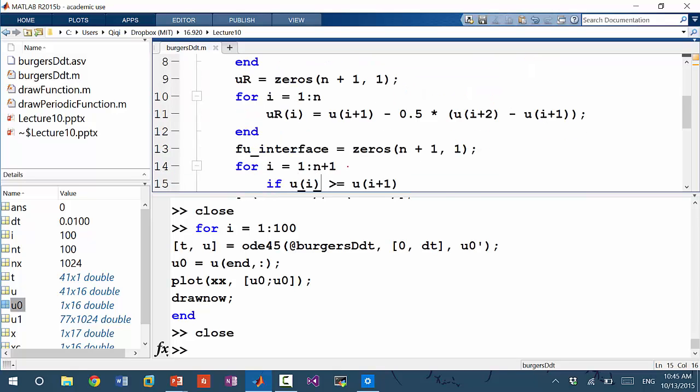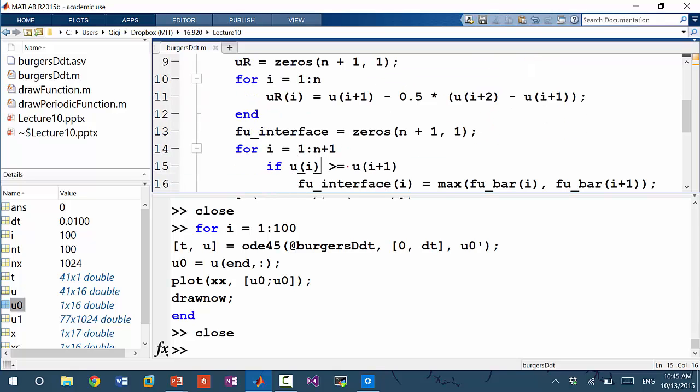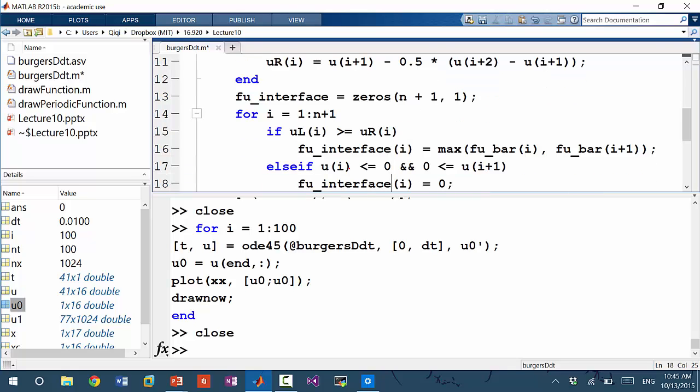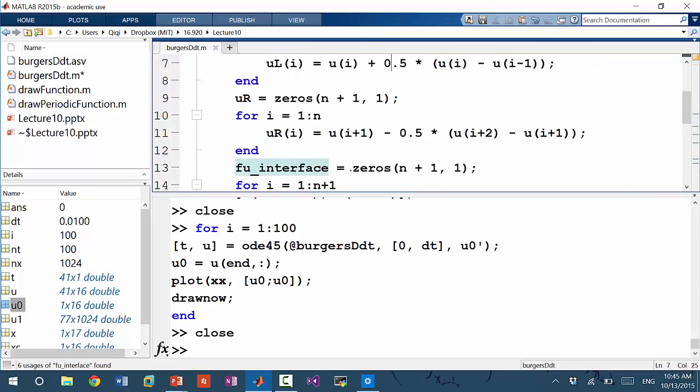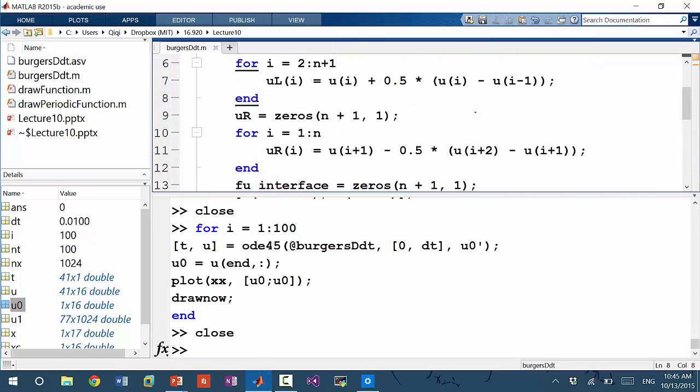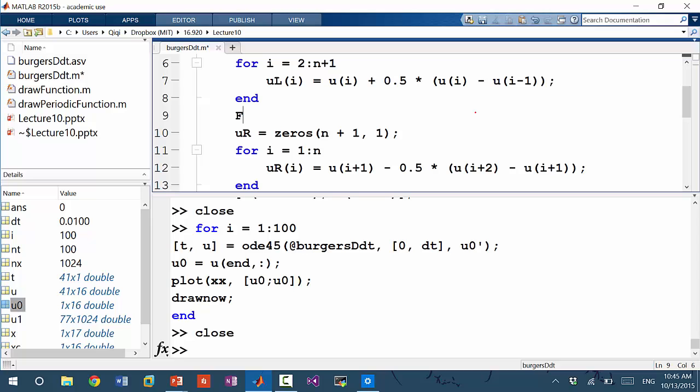Now FU interface is equal to this, and now it actually gets easy. So if UL of I is greater than UR of I, FU interface is equal to, not only do I need to compute UL and UR, I also need to compute FL, the flux at the left, equal to UL square over 2.